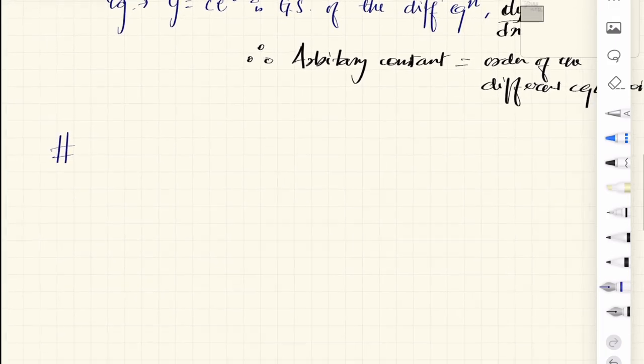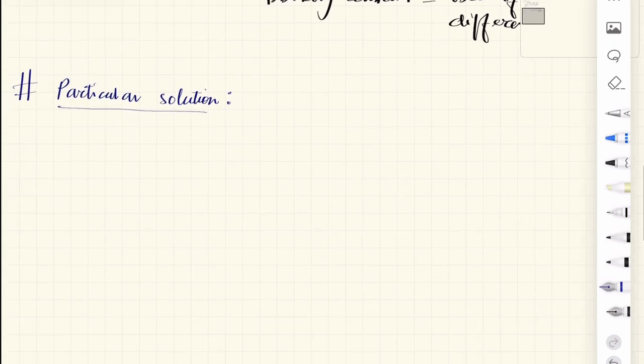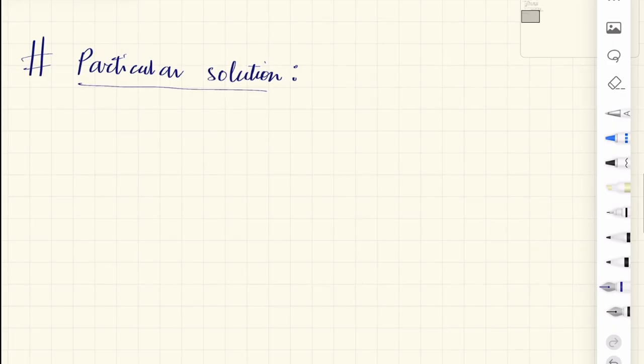Let's see another solution. This is called a particular solution. Why do we say it's a particular solution? Let's see the definition first.